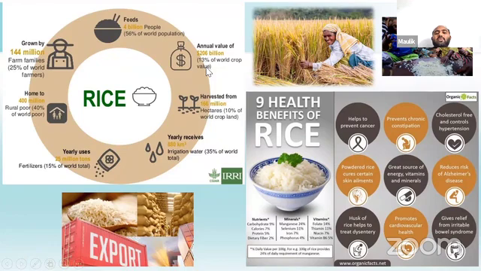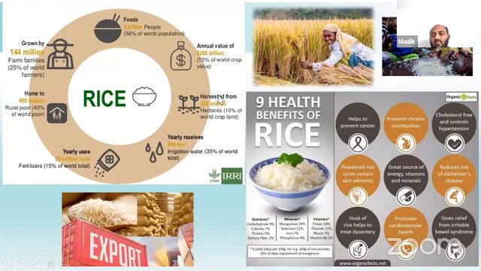Annual revenue is $206 billion out of total crop value. And in export and import also rice is very important. And 4 billion people, 56% of the world population, depend on rice.